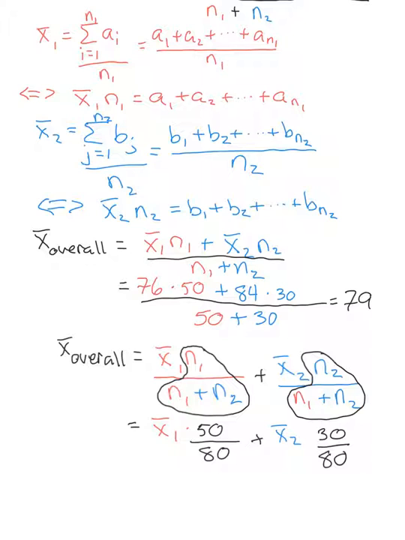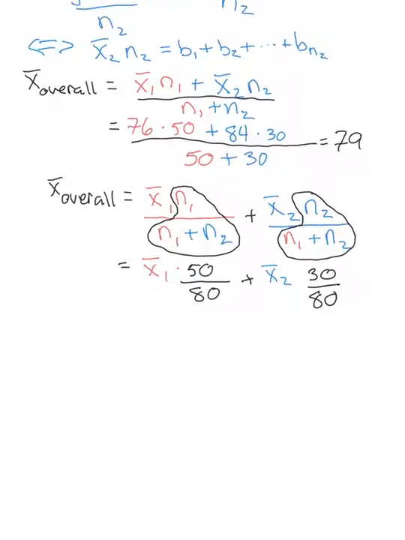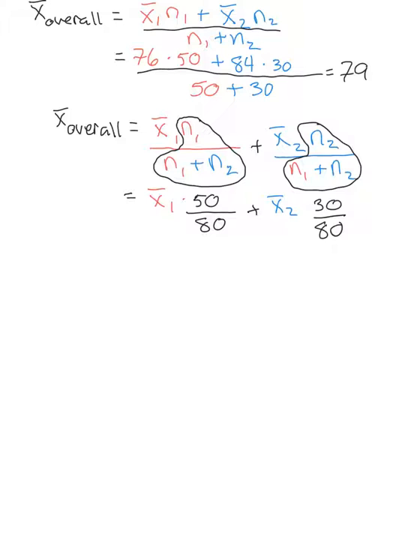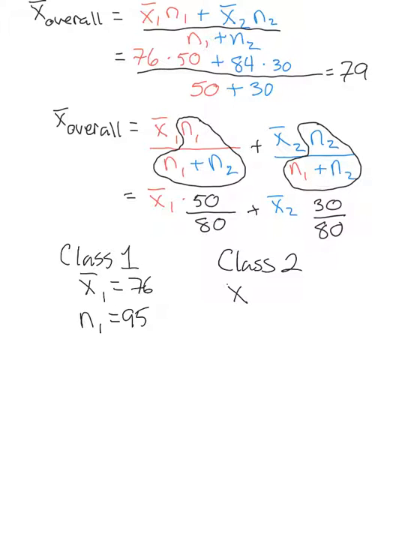So as an example, let's say we're given another example here. Okay, let's say we have class 1 and class 2, and again x bar 1 is equal to 76, but this time, let's say n1 is equal to 95, and x bar 2 is equal to 84 as well, but this time n2 is equal to 5.